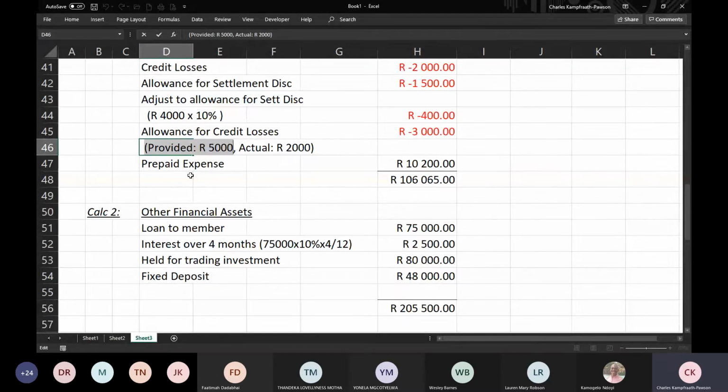That means when we took that allowance to 5,000 initially, it went through profit and loss. It already went through retained earnings. So now we had an actual loss of 2,000, and we can't deduct that from profit and loss because we already provided for 5,000.